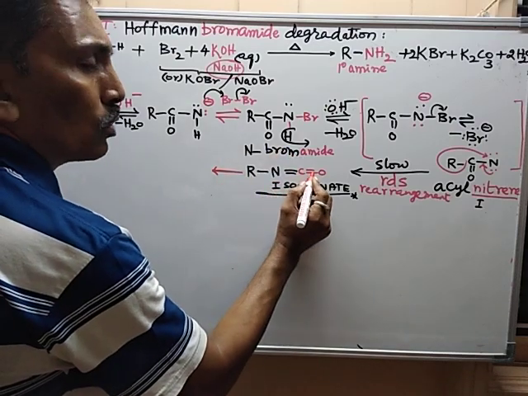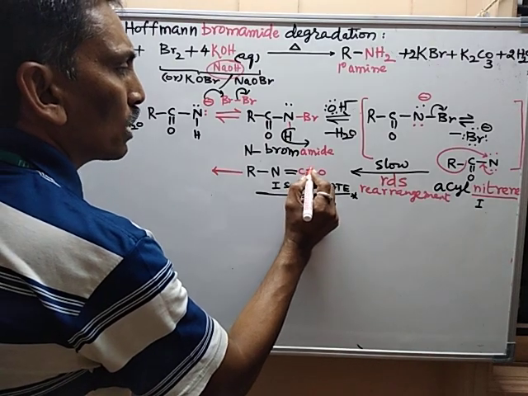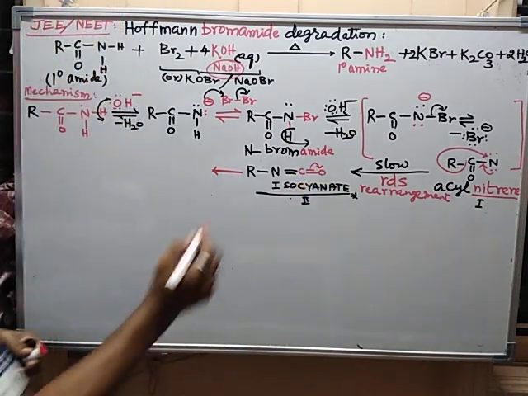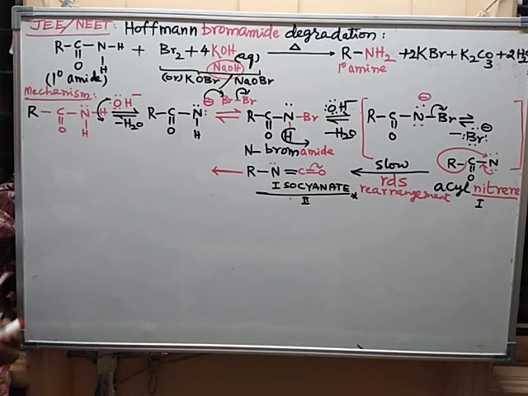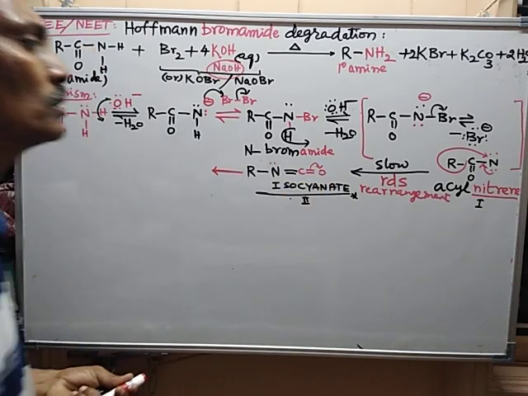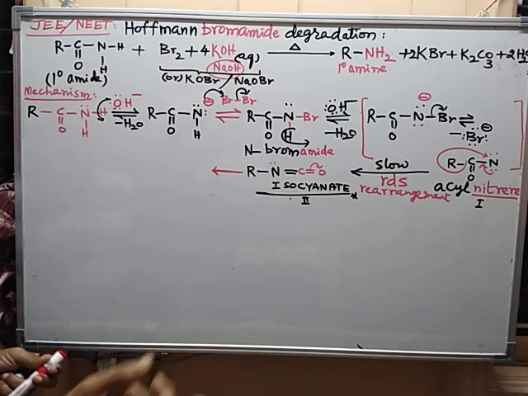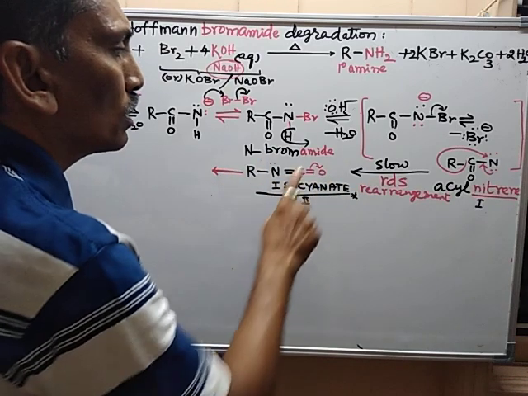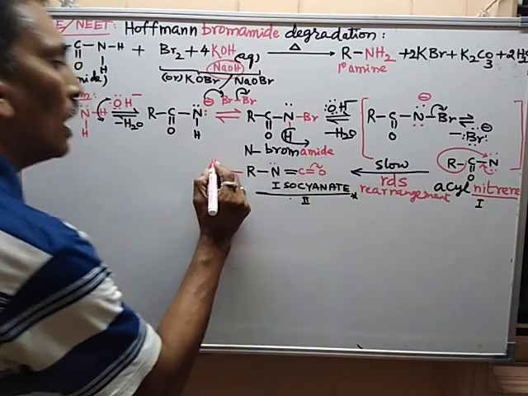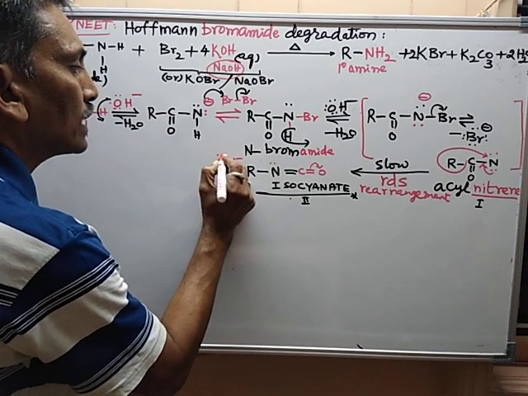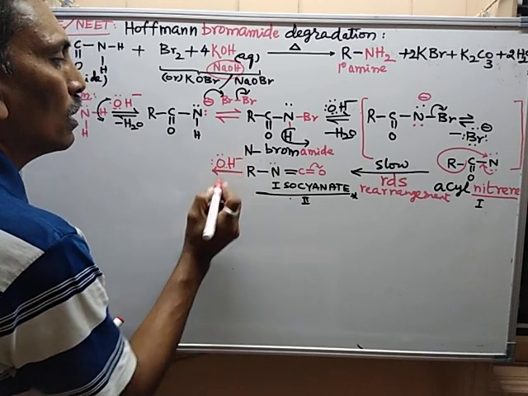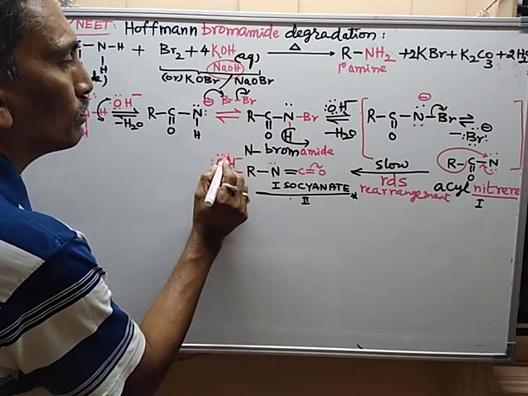Carbon becomes electron deficient due to the higher electronegativity of the oxygen atom than the carbon atom. Therefore, the electrons migrate like that, and OH minus ion attacks the carbon in this way.